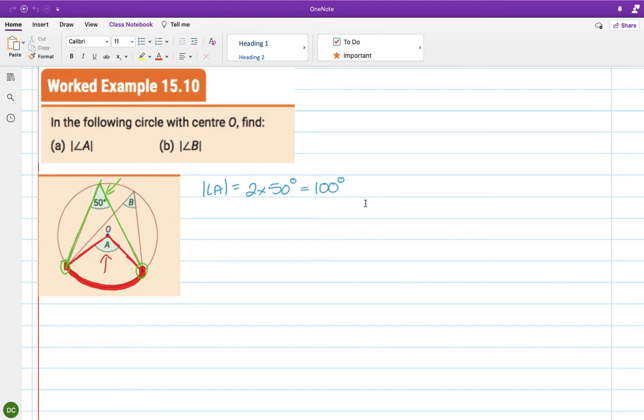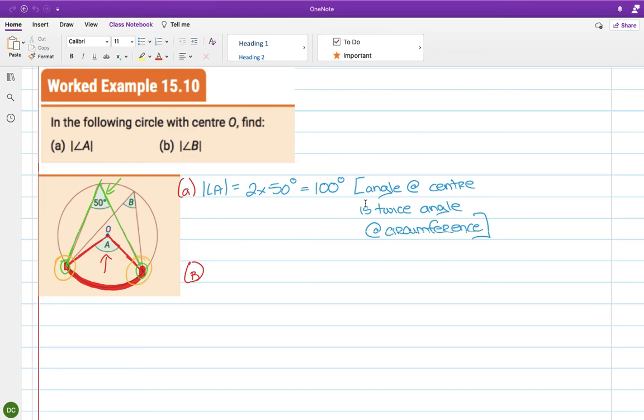And how did we know? Angle at the center is twice the angle at the circumference. And then what is angle B? Does it start on the same arc?